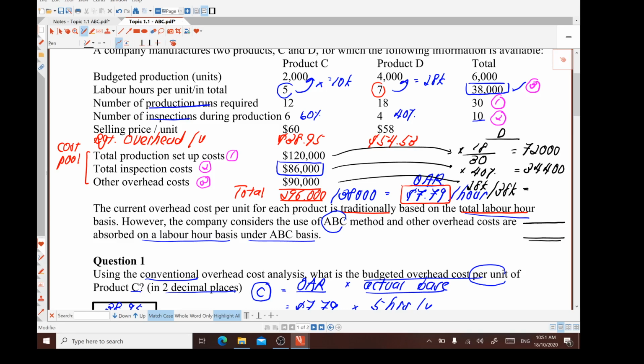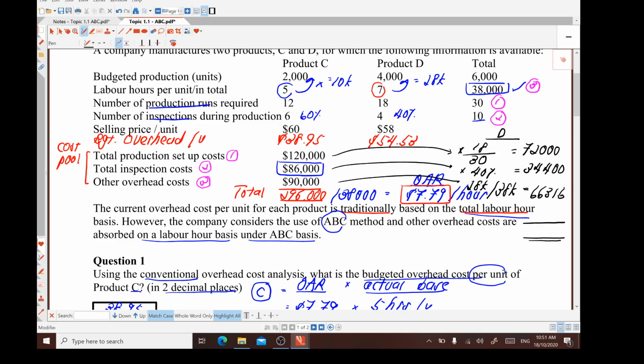And of course, lastly, other overhead costs, that's 90,000 with the 28/38. So it's possible for you to get like 66,316 to the nearest dollar.